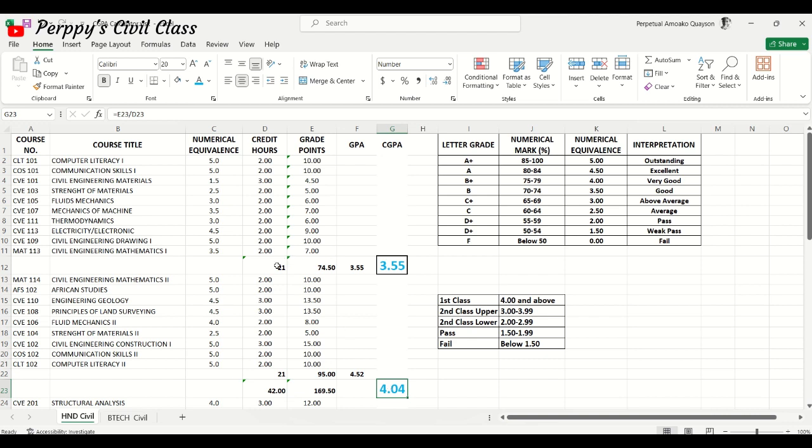With your first semester, you had a total credit hour of 21. In your second semester, you still have 21, but your cumulative GPA is just, they are dividing what you have, your total GPA from your first semester and second semester, and then they find the average. Okay, so now your GPA is 4.52, but your CGPA is 4.04.